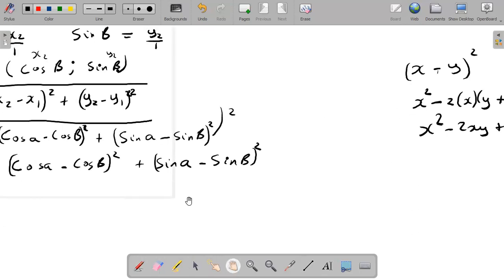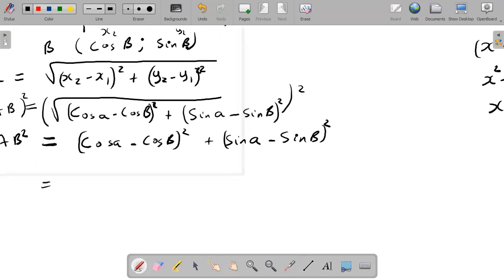So it's exactly what we want to do here. We are going to expand this by inspection. What is it going to give us? It will give us cos squared alpha, right? Minus 2 times cos alpha times cos beta, right?